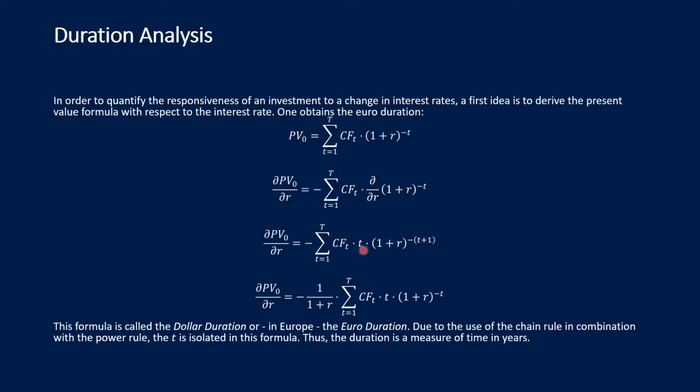If we go a little step further, we can take out the 1 here and rewrite the whole formula as del PV, del present value, with respect to del R equals minus 1 divided by 1 plus R. So this comes from taking out the exponent here, the sum of all cash flows times, and this is the important point, times the point of time where the cash flows occur, times the discount factor.